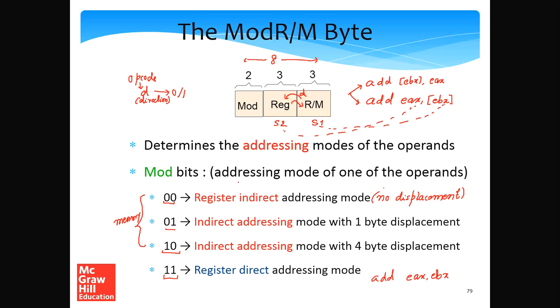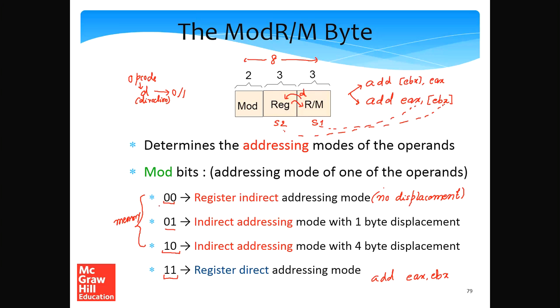Now you probably understand why only one of the two specified operands can be a memory address: otherwise we will run short of bits. Typically the base register will be saved in S1, the other register in S2, and the direction of transfer is specified by the D bit in the opcode.